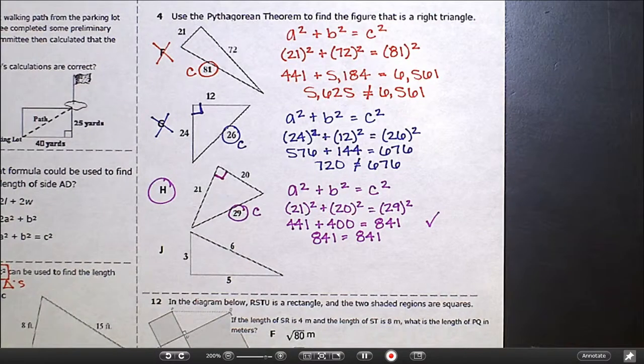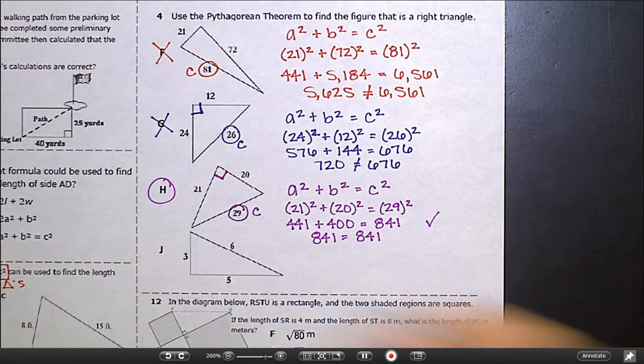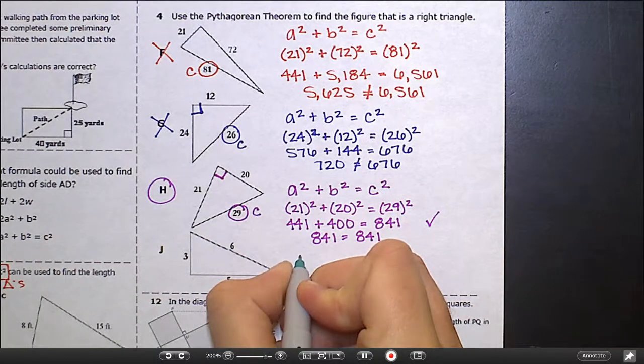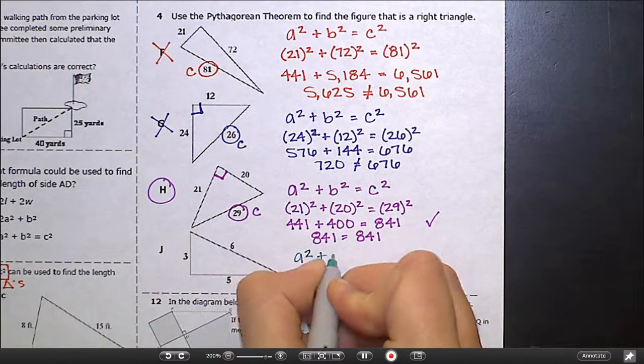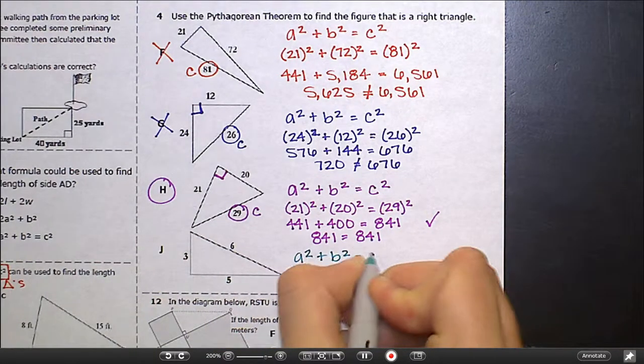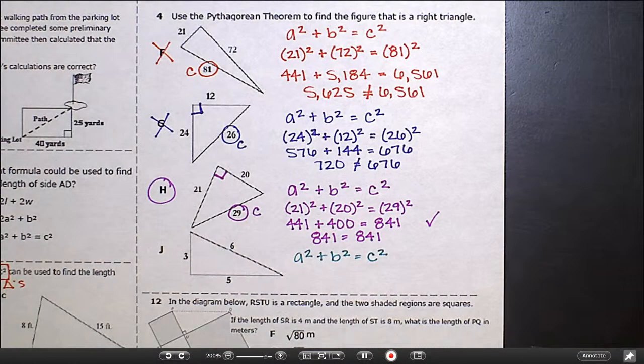So we're going to go through J just to double check. We can probably do this pretty quickly now. I'll let you work as I work. Always starting with the formula and then filling in what we know.